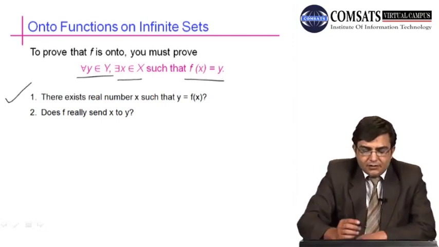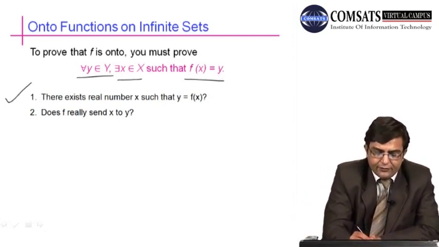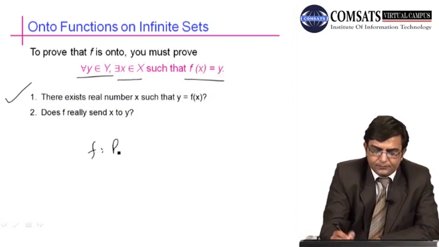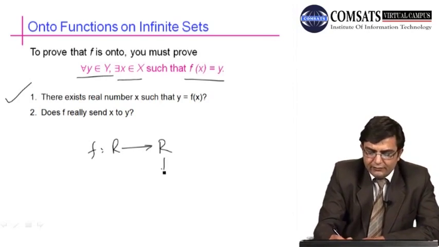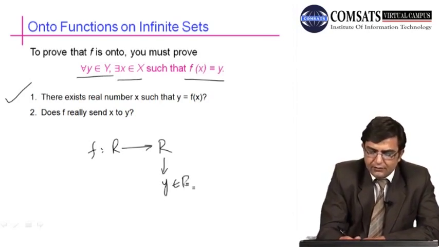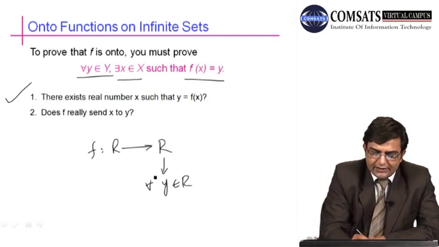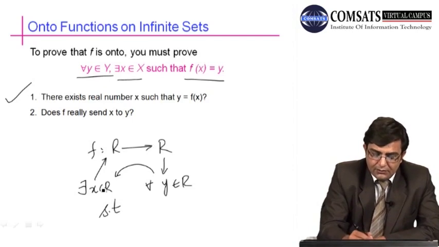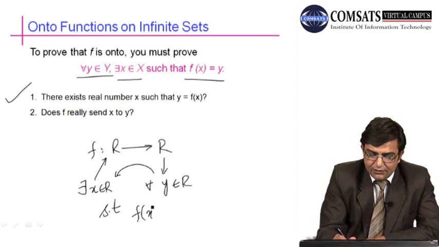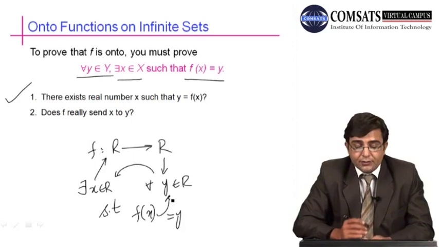Now for this particular function f from R to R, for all elements y in R, we have to prove that there exists some x in R such that the image of x under f, that is f of x, is equal to y. So we have to prove this.